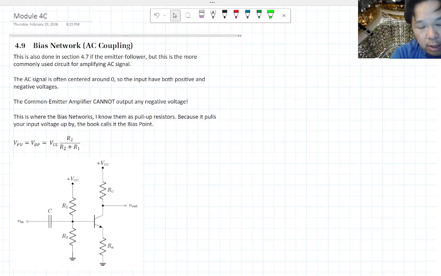I will note at the end that there's a lot more information in this chapter than what we are covering, but it's just due to lack of time that we won't be able to cover everything in here.